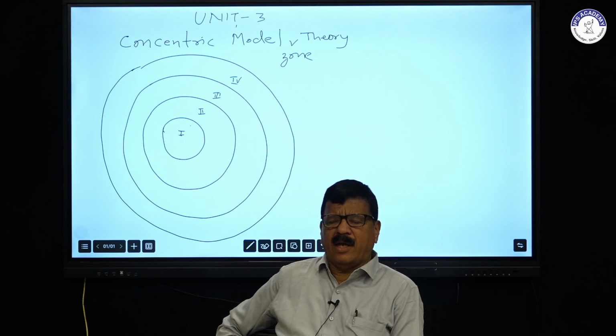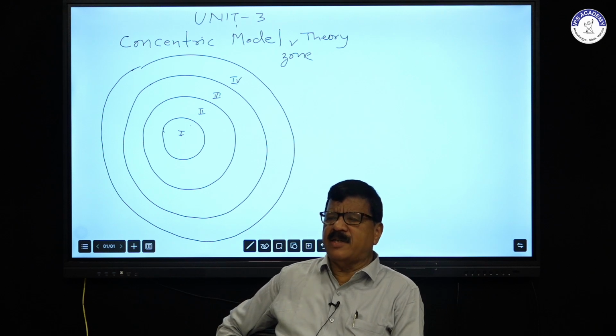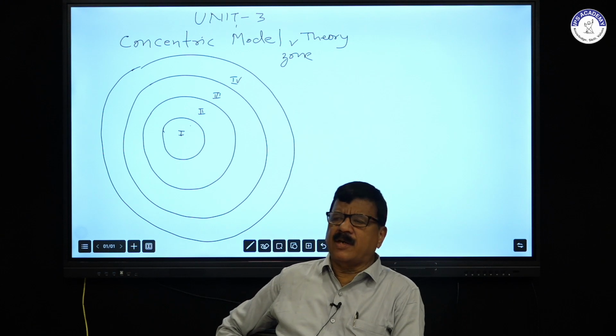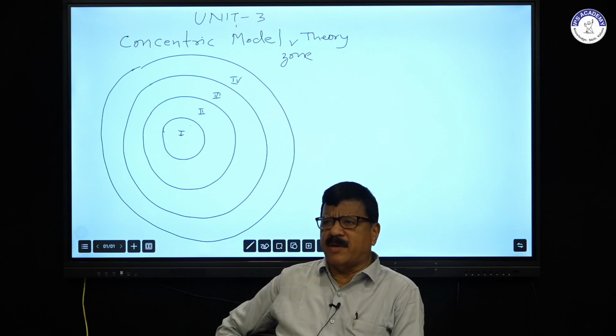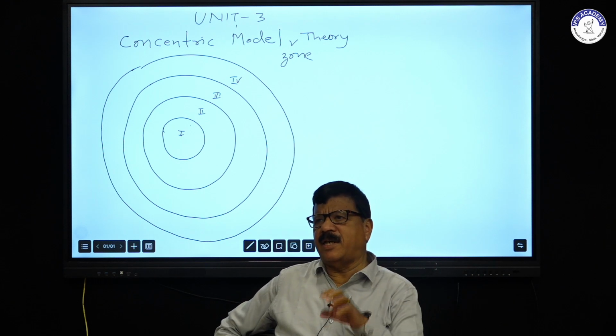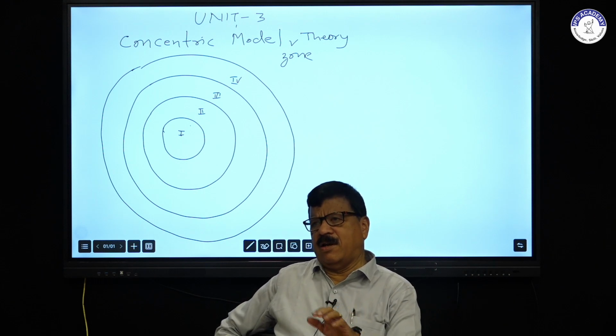Like if you know about Indore, the Rajwada is the CBD, Central Business District zone. In every city there is an old city, and after that the expansion of the city takes place. The basic city, long ago in history, was some area in the center.